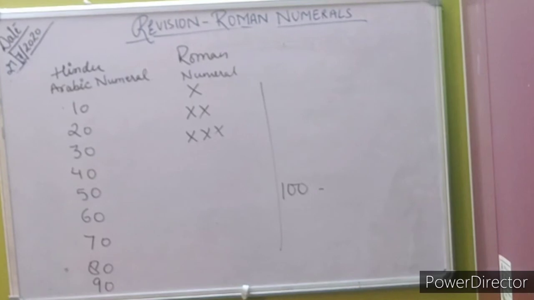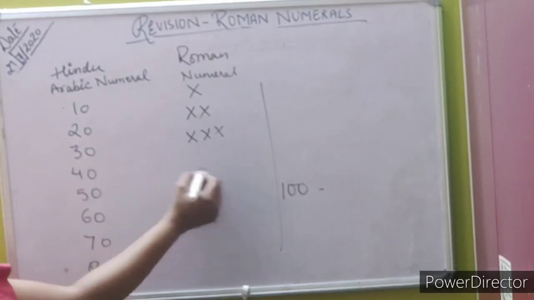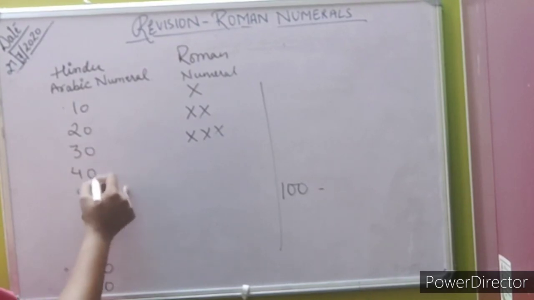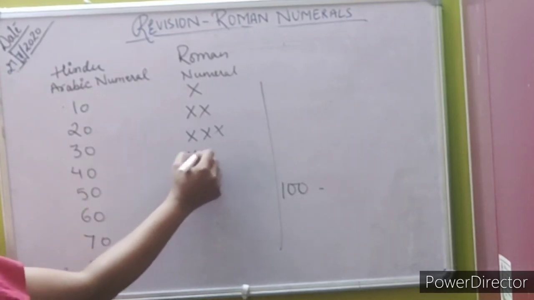Now see property number 3. A smaller numeral written to the left of a larger numeral is always subtracted from the larger numeral. So for 40, L stands for 50 and 50 minus 10 is 40. So we write XL.